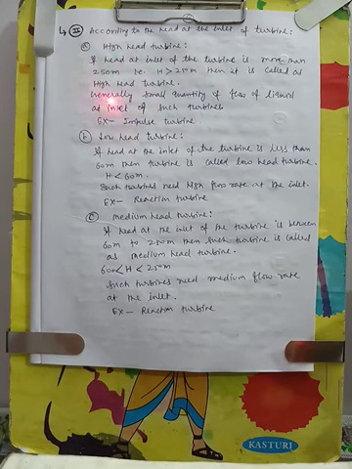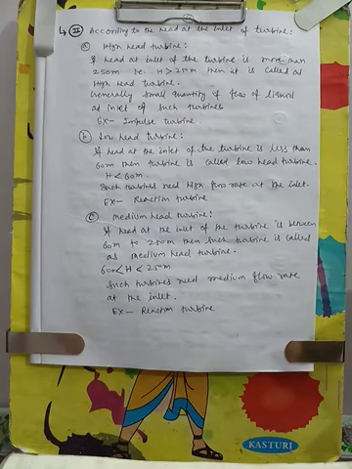In these turbines, the quantity of flow of water at inlet is small. Means head is high but quantity of water flow at the inlet is small, because not much quantity is needed due to high head. Example of such turbine is impulse turbine, that is Pelton wheel.